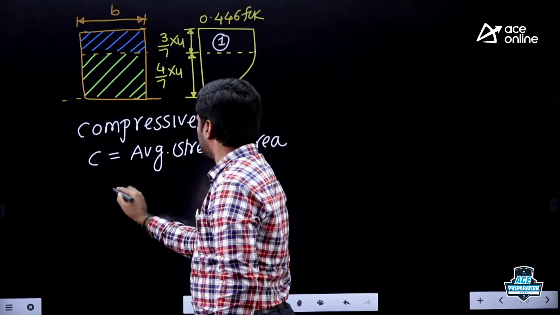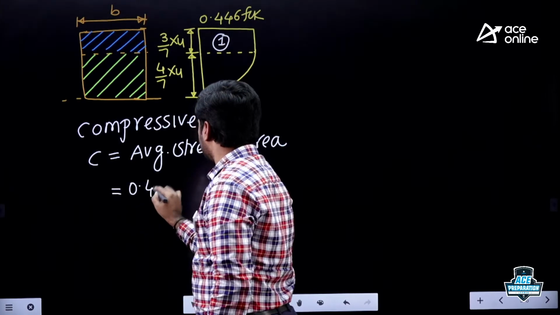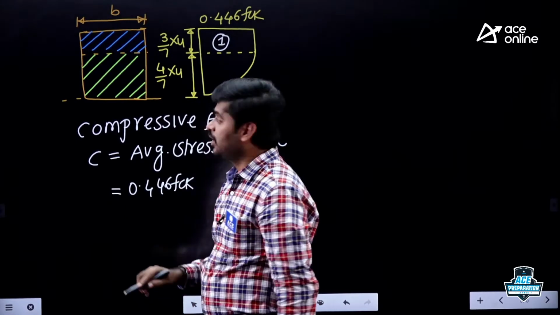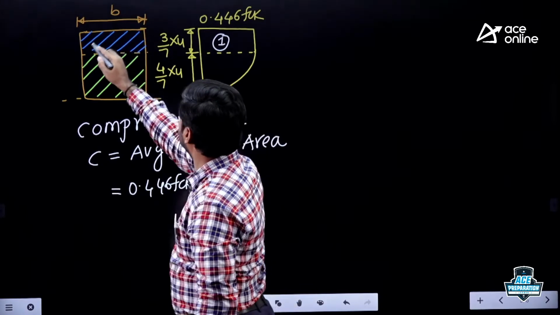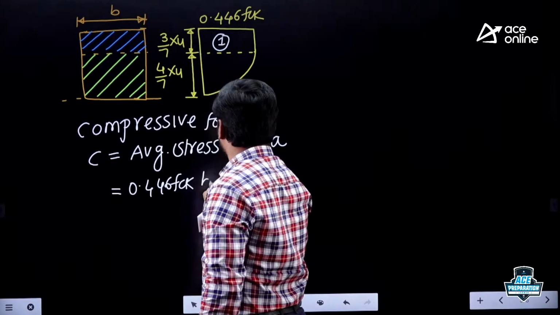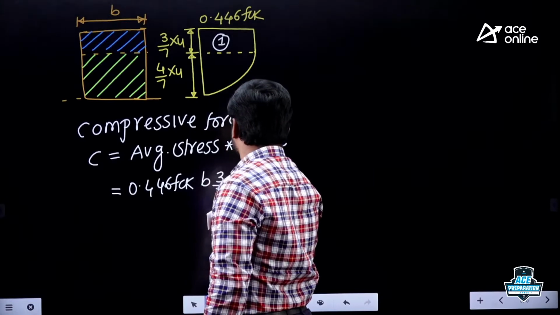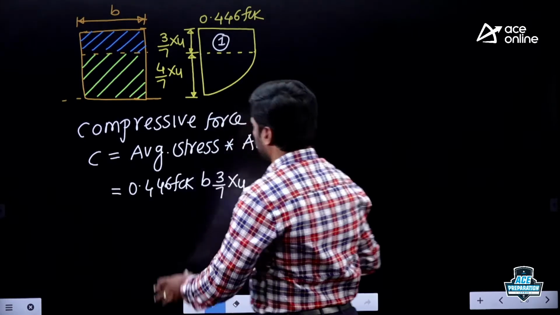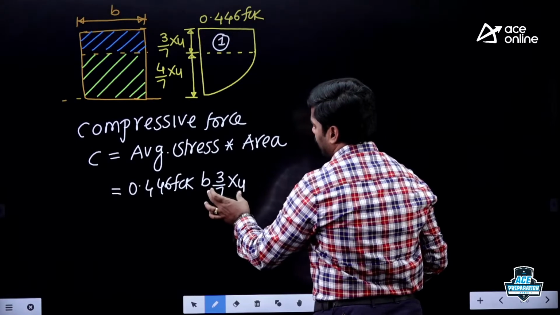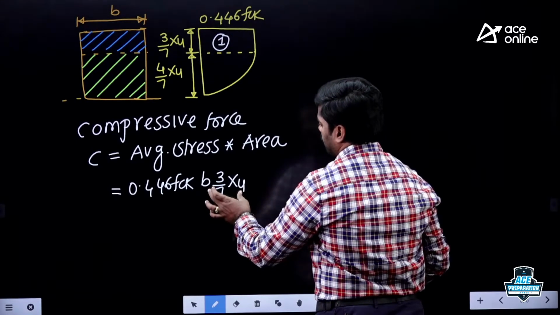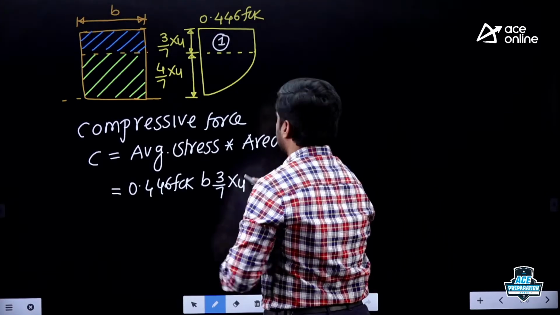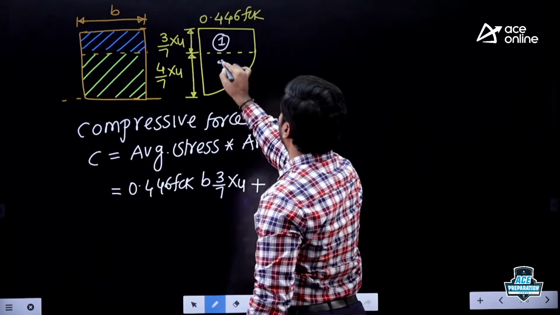Same only. Average stress is 0.446 FCK, into the corresponding area, this rectangular portion area, it is B into 3 by 7 XU. Now, average stress you are getting 0.446 FCK and corresponding area from the beam is B into 3 by 7 XU. Plus, what about the parabolic portion?